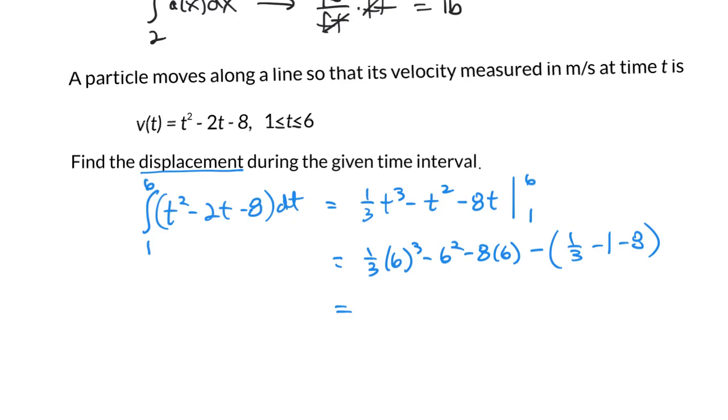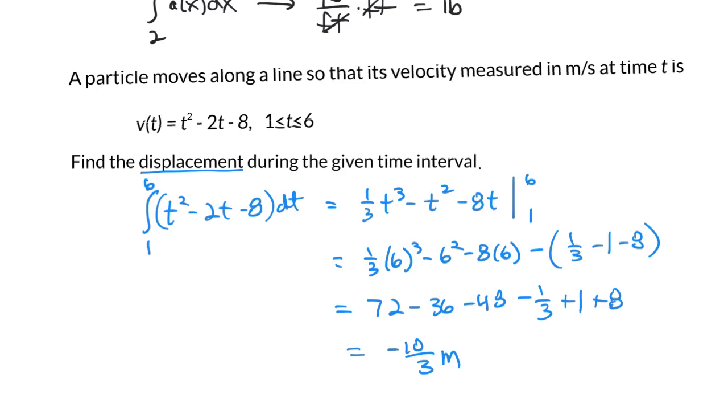So we get 6 cubed is 216, divided by 3 gives us 72, minus 36, minus 48, minus 1/3 plus 1 plus 8, because I distribute the negative through. If you clean that up, you get negative 10/3 meters. We want to have the units on here.